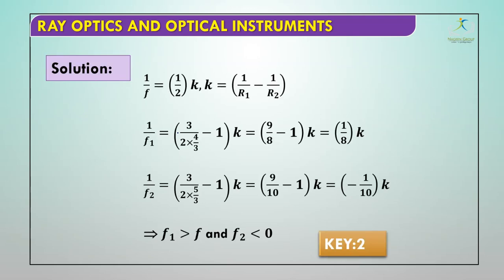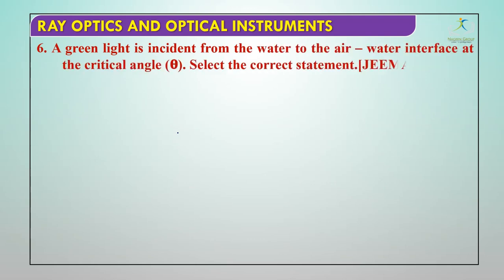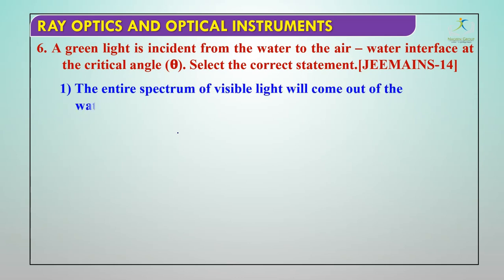Option 2 we have. Next question we have: a green light is incident from the water to the air, with incidence at the critical angle theta. Select the correct statement. The entire spectrum of visible light will come out of the water at an angle of 90 degrees to the normal.